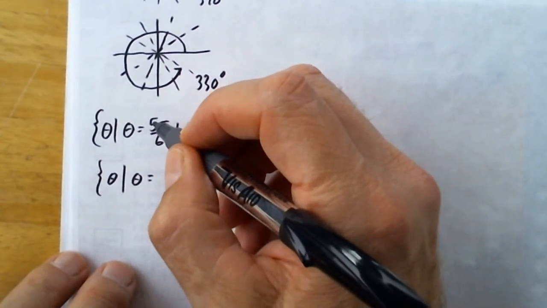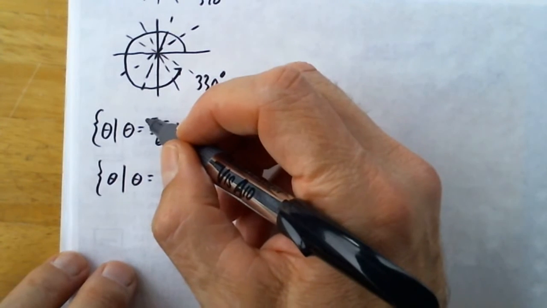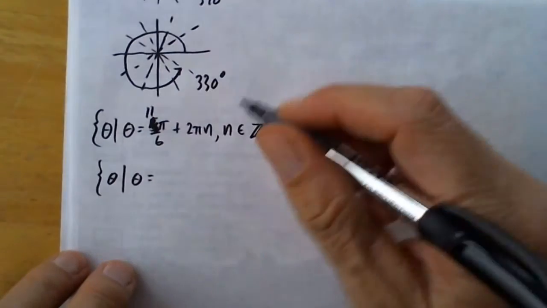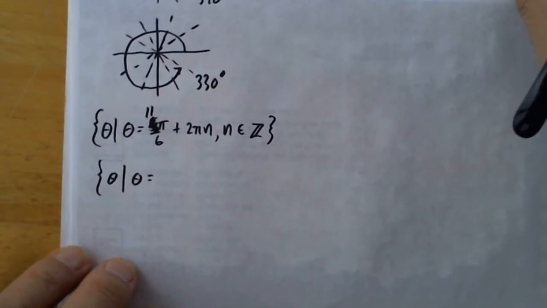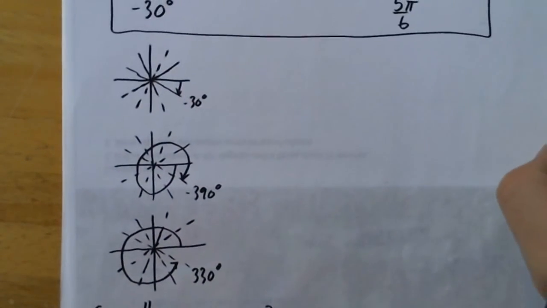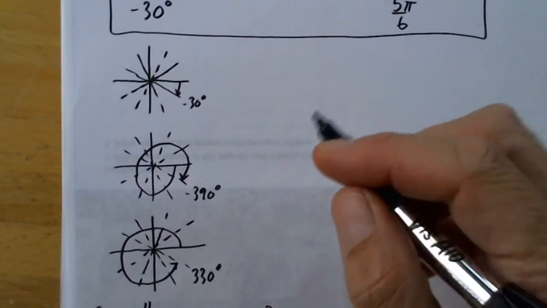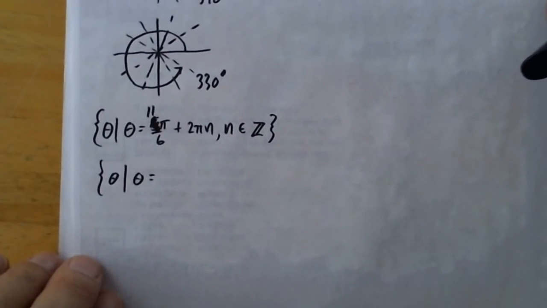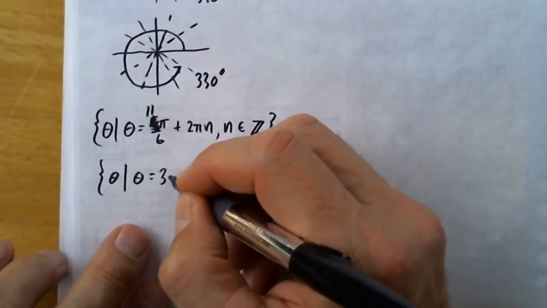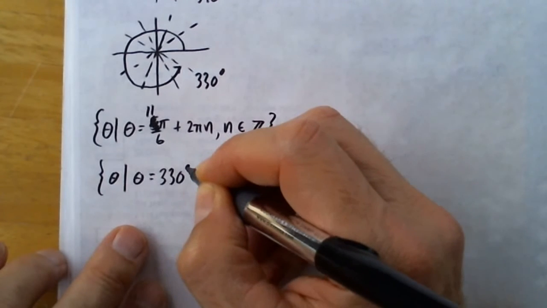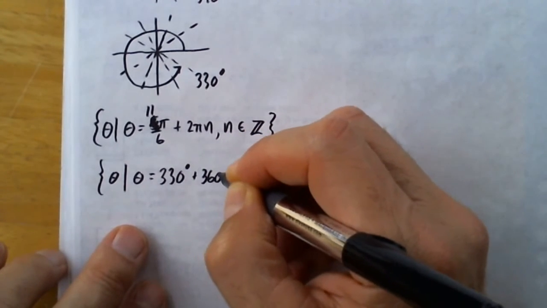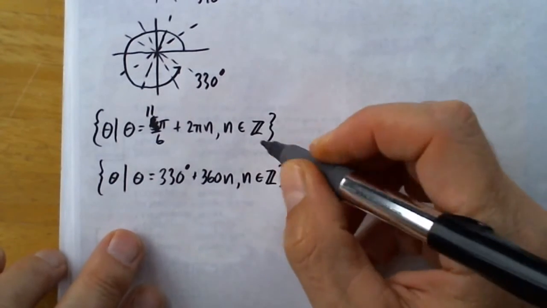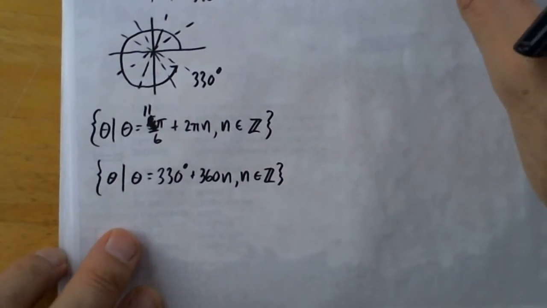It is 11 pi over 6, plus 2 pi n, because that's the 11 pi over 6. So let's do it with degrees, and we could just say theta is 330 plus 360 n. N is an integer. So we could say it either way.